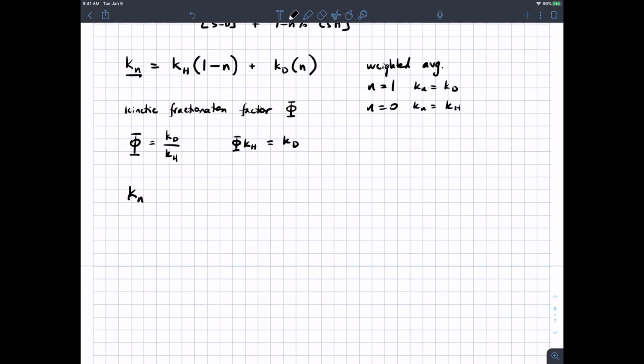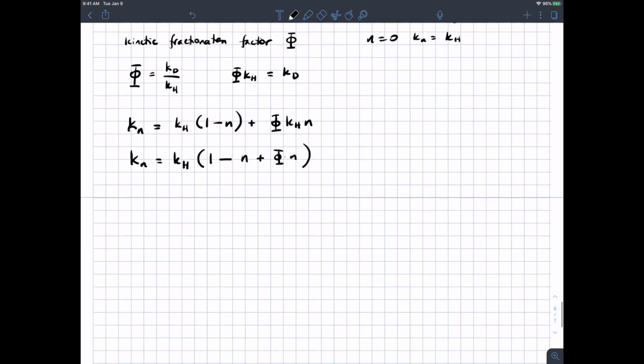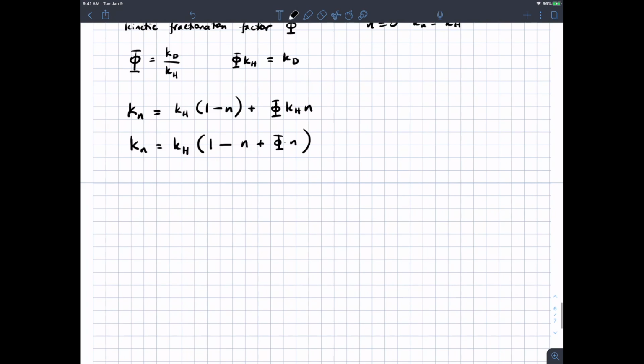Then we can convert our expression for the rate constant in a mixture of hydrogen and deuterium to the following expression. And we can factor out the Kh. And then we have 1 minus n plus capital phi times n, where n is the mole fraction of how much deuterium we have.